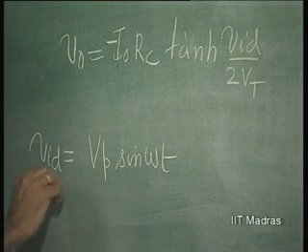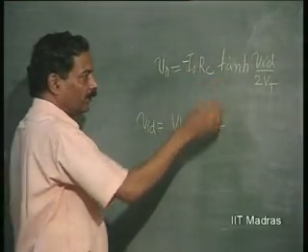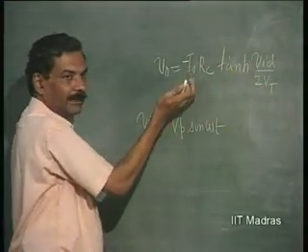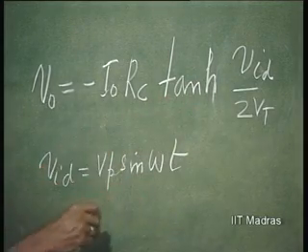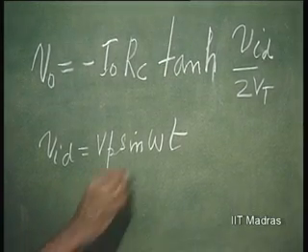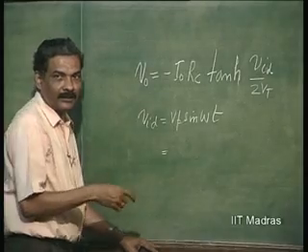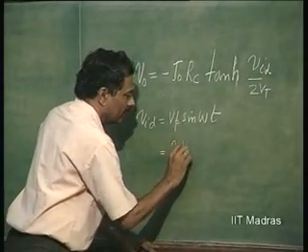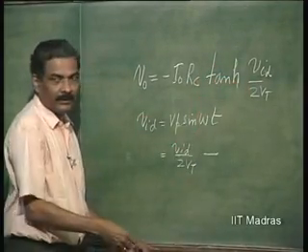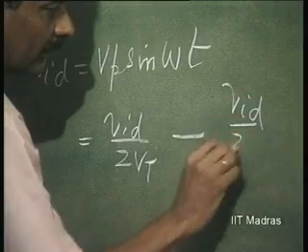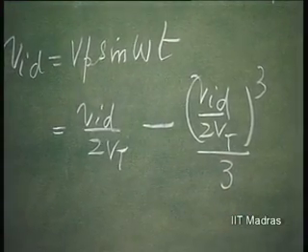So, as far as the x factor is concerned, we know that this is straight away coming as Vid by 2Vt. This tan hyperbolic Vid by 2Vt can expand as this. If it is x, it is x minus x cubed by 3. That means Vid by 2Vt minus Vid by 2Vt whole cubed by 3 and so on. Right?